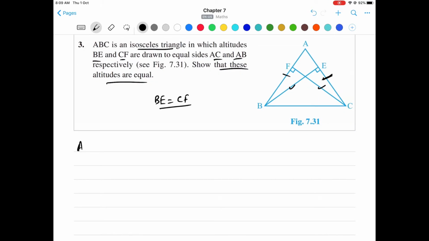So let's start with its answer. Number 3, first we'll write the given portion.